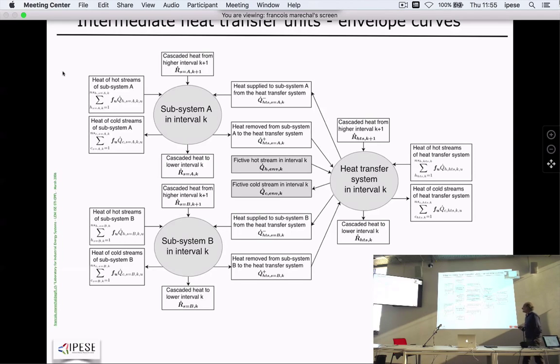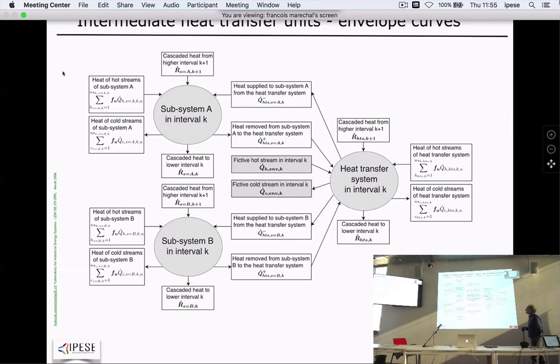I'm going to do it by calculating what we name an envelope, the temperature conditions that have to be satisfied by the intermediate streams.